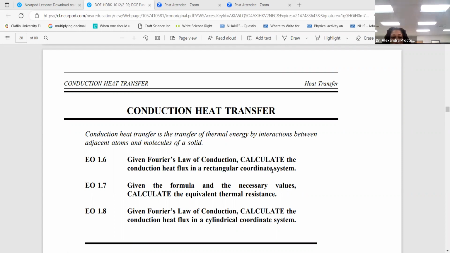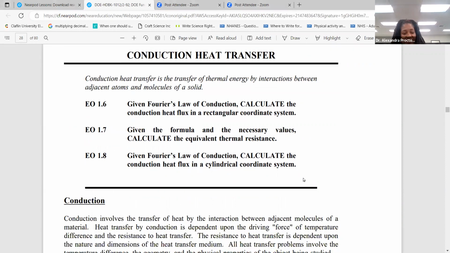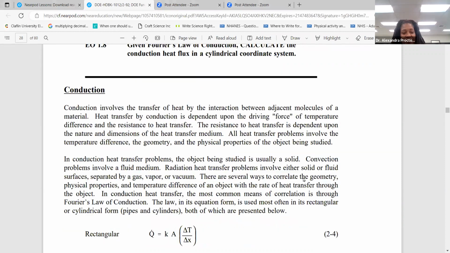The enabling objectives are: given Fourier's law of conduction, calculate the conduction heat flux in a rectangular coordinate system; given the formula and the necessary values, calculate the equivalent thermal resistance; and given Fourier's law of conduction, calculate the conduction heat flux in a cylindrical coordinate system.